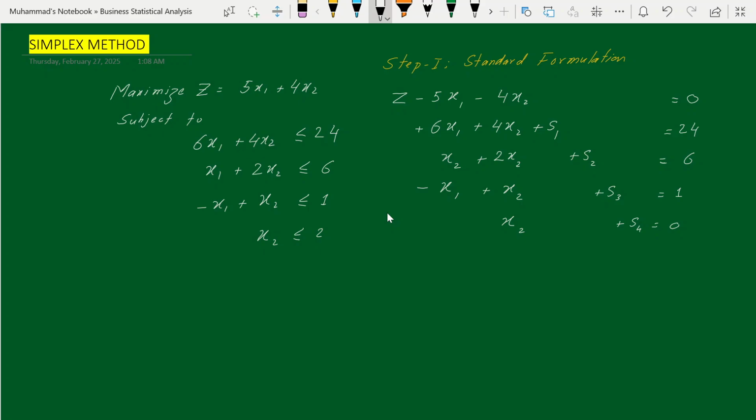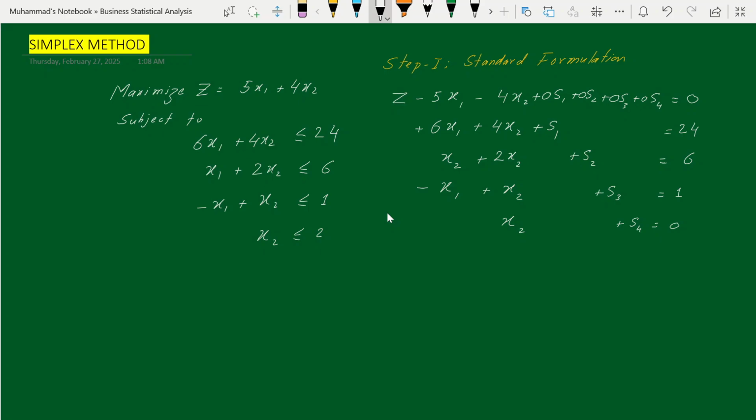Similarly, I can also write 0 s1 plus 0 s2 plus 0 s3 plus 0 s4 in the objective equation. It doesn't change the objective equation, and we will be using these in iteration number one of the simplex method.